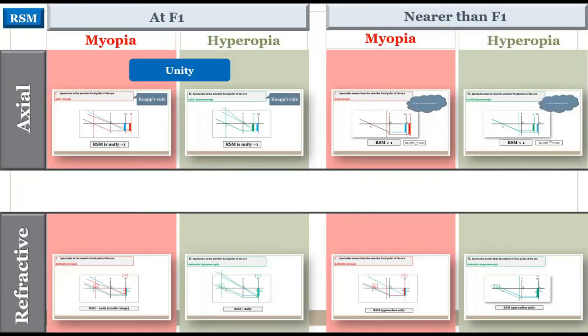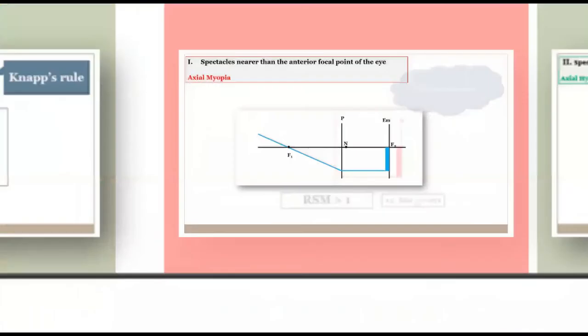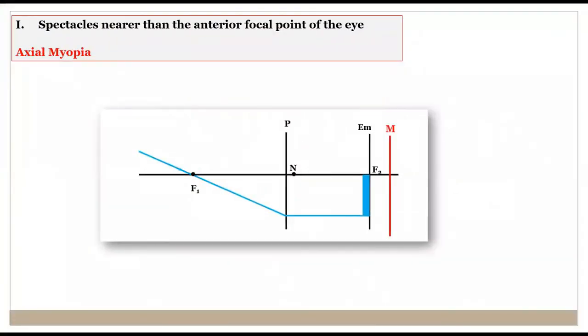So how about the third possibility, when the correcting lens is located nearer than the anterior focal point? So in axial myopia, and here the correcting lens is located nearer than the first focal point, as in case of contact lens.